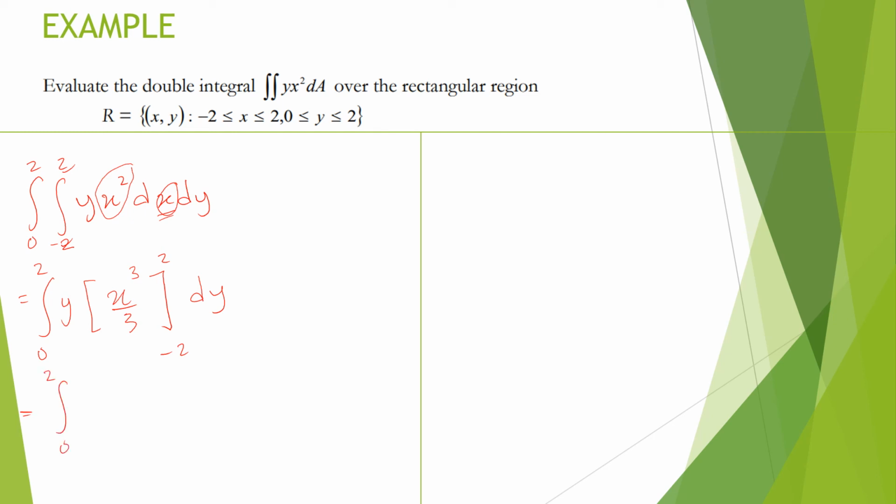Simplify, substitute the values, minus, okay, now simplify.